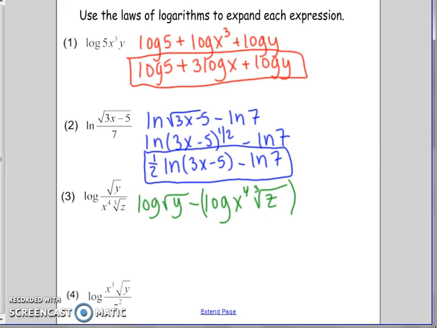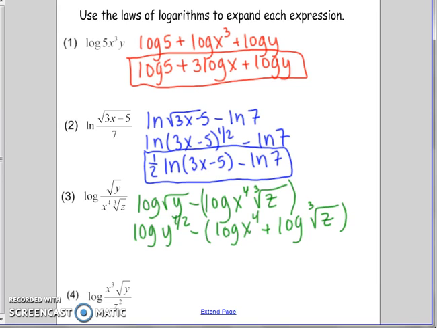So if you want to make it into addition, that's fine, but then you're going to have to distribute your negative. So what I mean by that is I'm going to keep this as log, and I'm going to change this to y to the 1/2. And then when I subtract, this is going to be log of x to the 4th plus log of the cubed root of z.